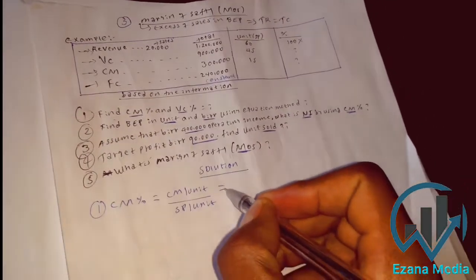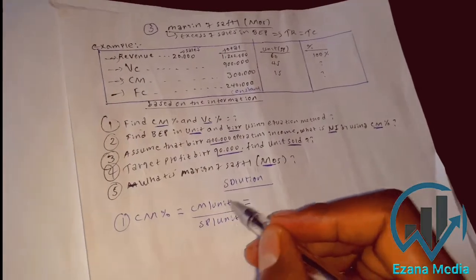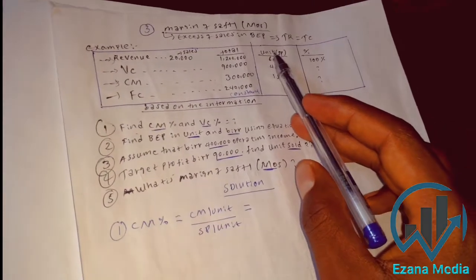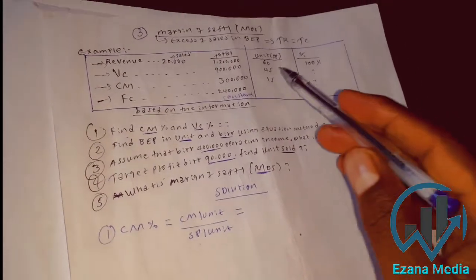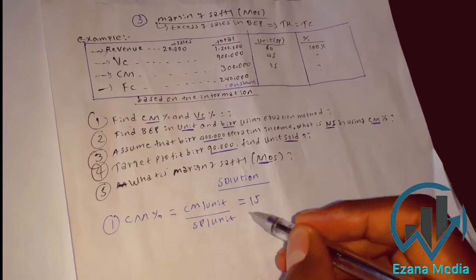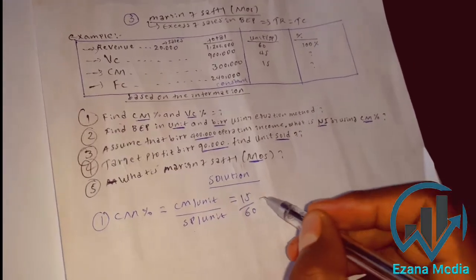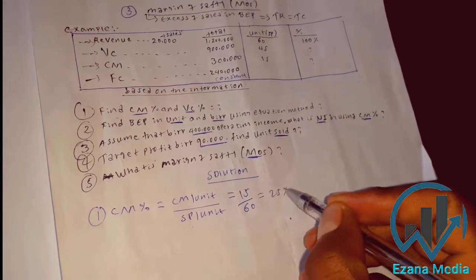The contribution margin per unit is 15 and the selling price per unit is 60. 15 over 60 is equal to 25%.